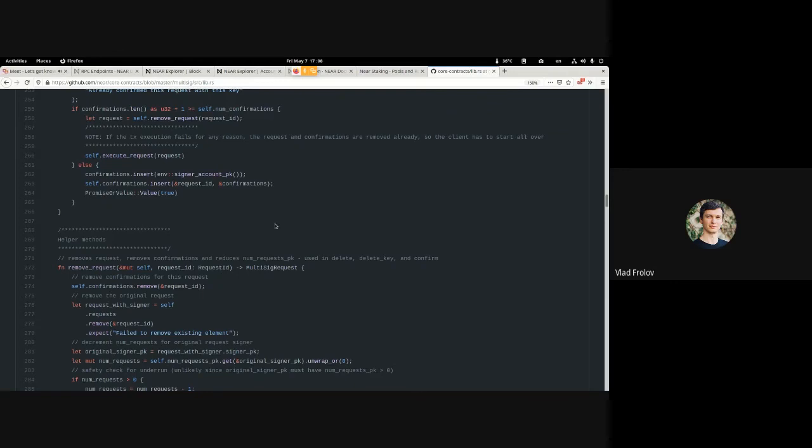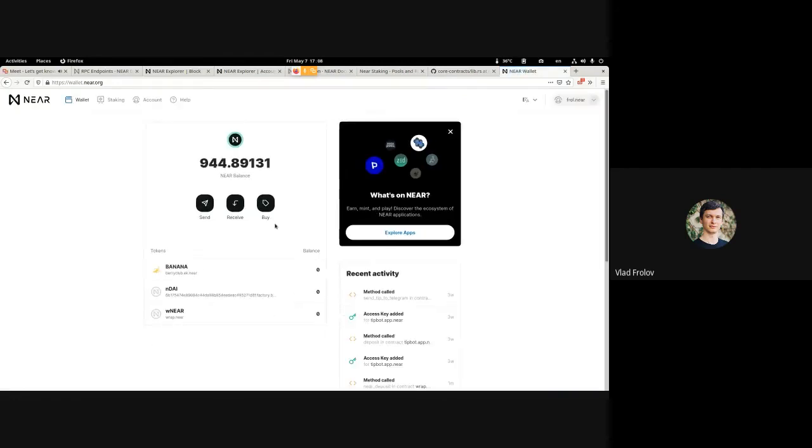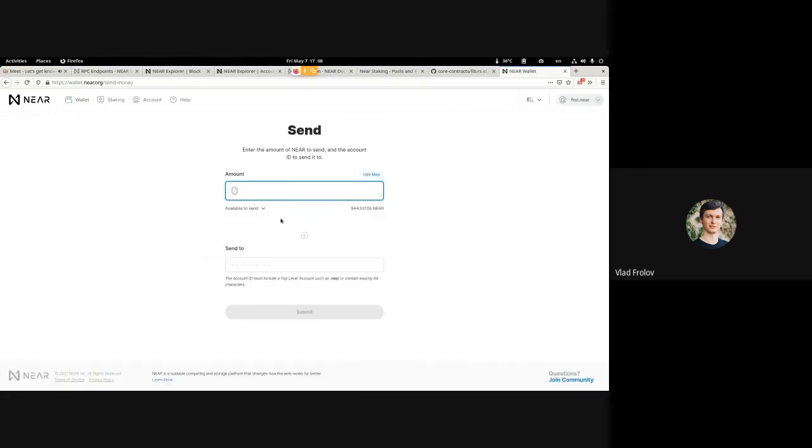Without multisig, somebody can approach my laptop, open wallet.near.org, and send tokens to whoever they want. So there is no protection here. Even if we would come up with some pin on this page, it doesn't help, because the attacker could go into local storage, extract the key, and do whatever they want with my account having that key.